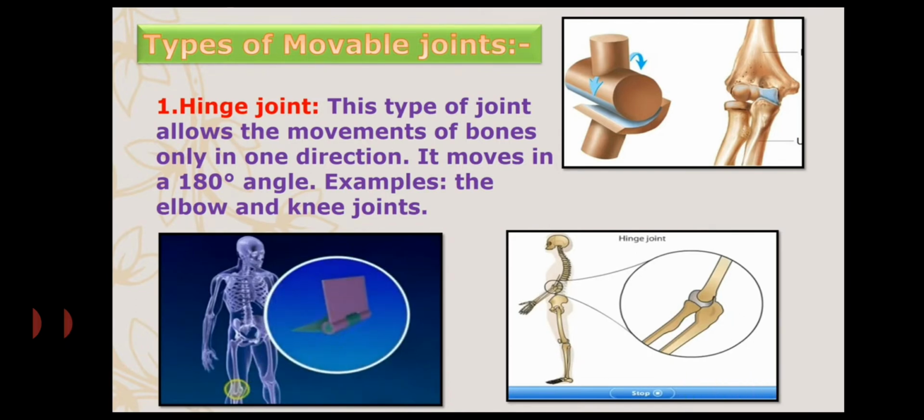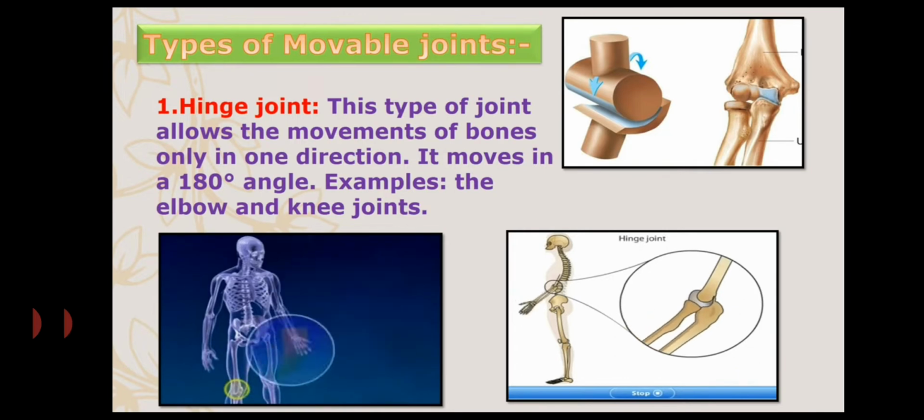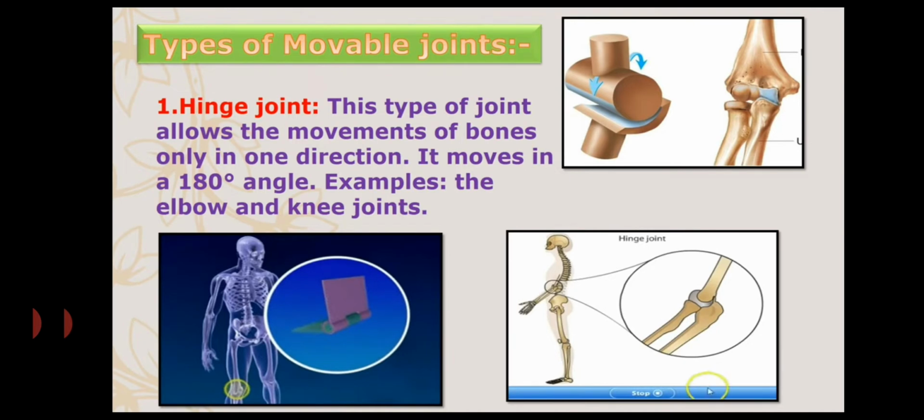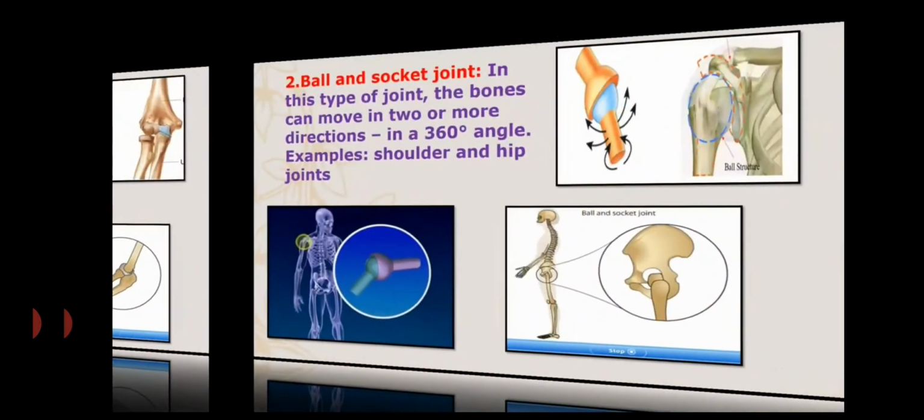It moves in a 180-degree angle. Example, the elbow and knee joints. So children, here these two joints which show hinge joint can move at a 180-degree angle. Within this angle, all the joints can move.